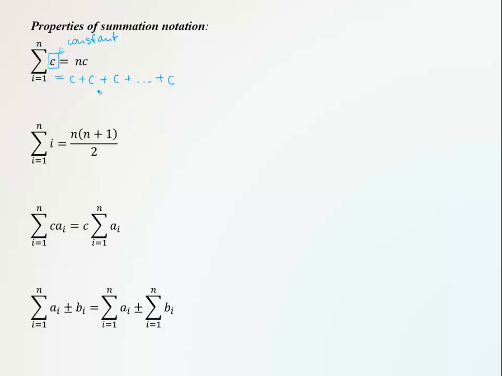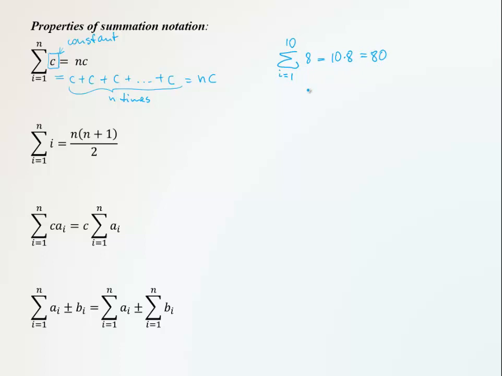So that's the last nth term. So there's n times the same constant C, which can be written as just n times C. That's why the sum of n terms, each being C, is just equal to n times C. Particularly if I have a sum from I equals 1 to 10 of a number, let's say 8, that will be 10 times 8, which is 80.